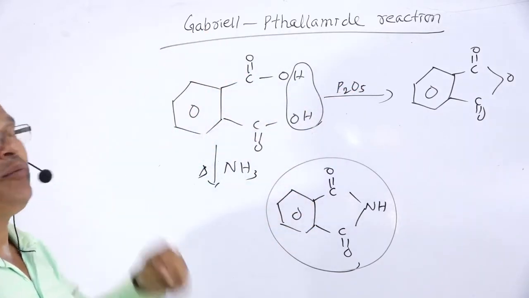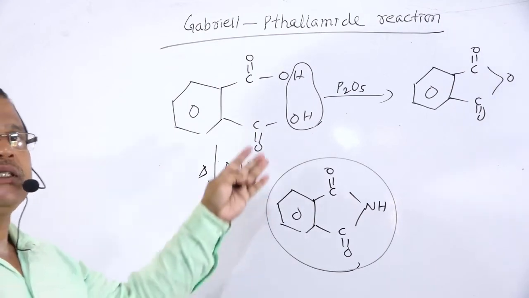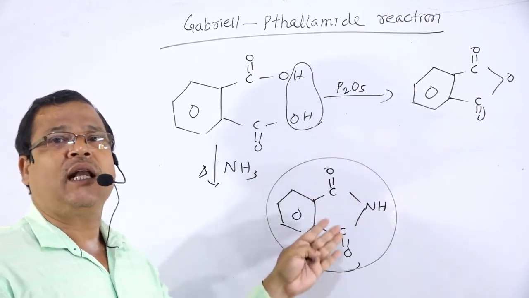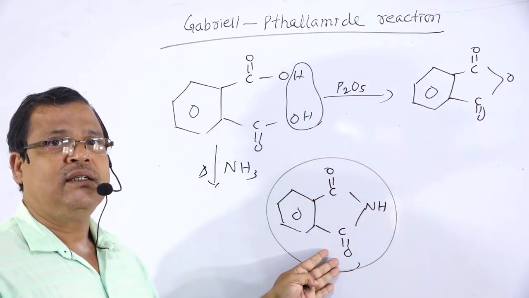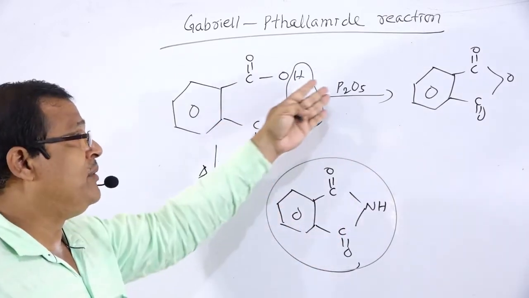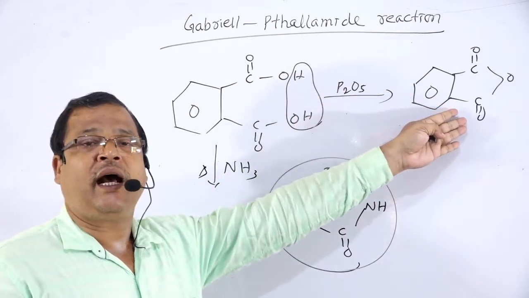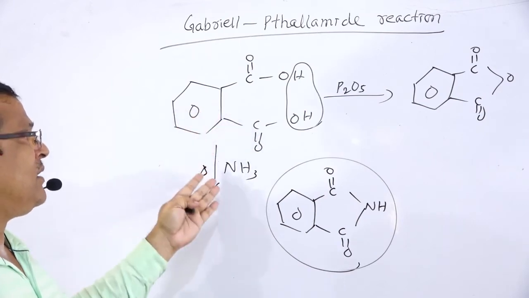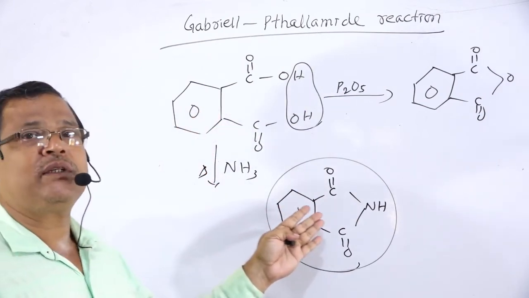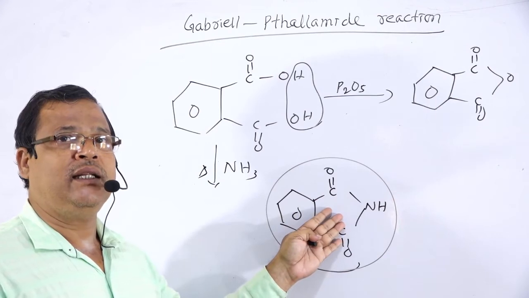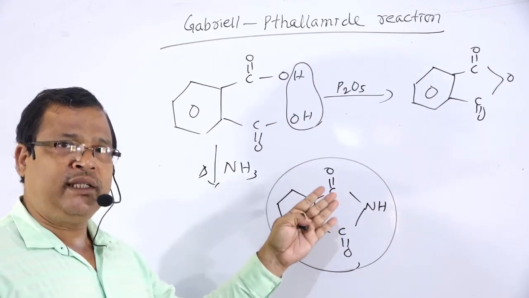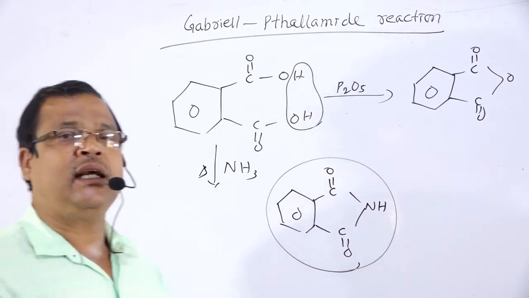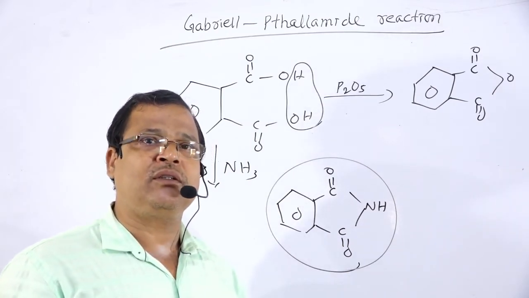So what is the Gabriel phthalimide reaction? I have just explained. This is phthalic anhydride, this is phthalimide. Mark the difference. Phthalic acid treated with P2O5 gives phthalic anhydride, but when it is treated with ammonia followed by heating, there is the formation of phthalimide. This phthalimide is treated with KX, KCl, KBr, etc., to form a salt.